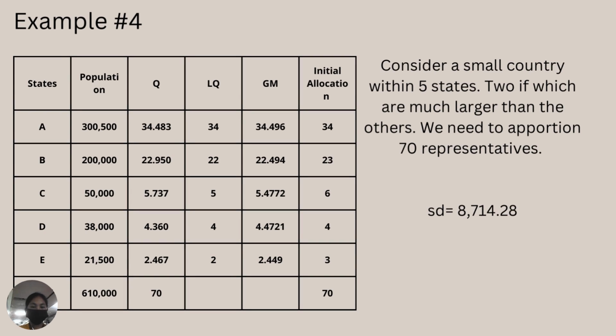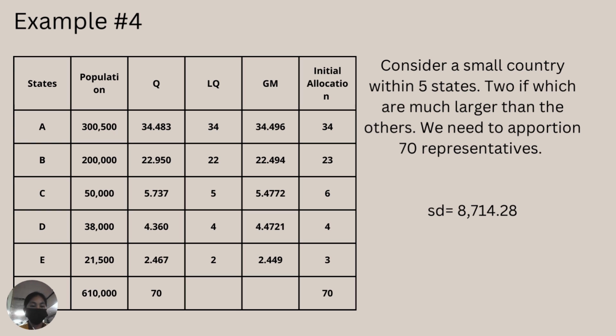So example number 4. Consider a small county with 5 states, two of which are much larger than the others. We need to apportion 70 representatives. So our standard divisor is 8,714.28.